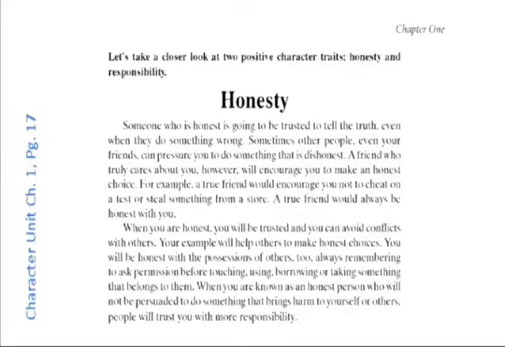A true friend would always be honest with you. And so you see a combination there of honesty and what we covered in chapter 4 of the acceptance unit, in not only finding, but building a relationship with a true friend based on character. When you are honest, you will be trusted and you can avoid conflicts with others.